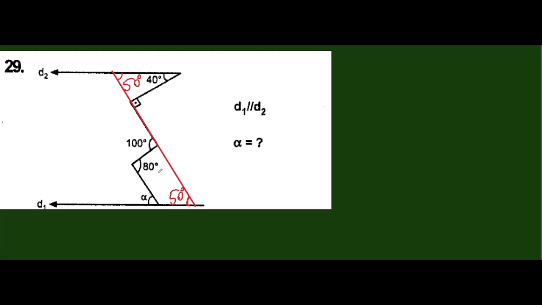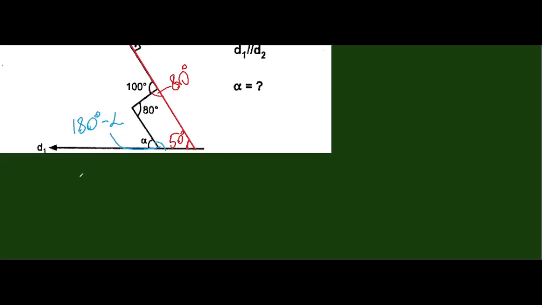So this angle will be 80 degrees. So the sum will give this one, I guess. So this angle is also, let's write down here, this angle will be equal to 180 minus alpha.